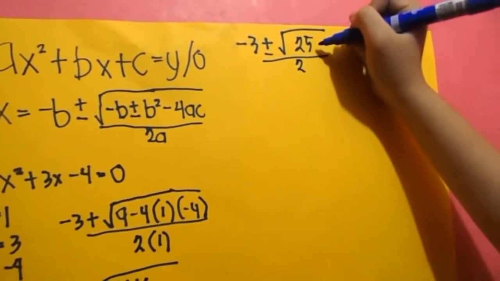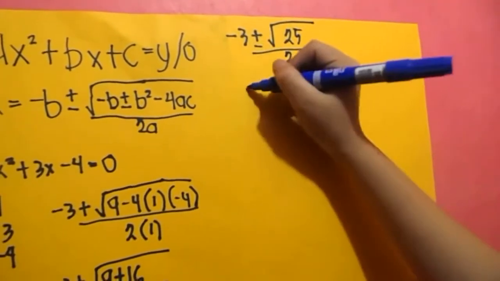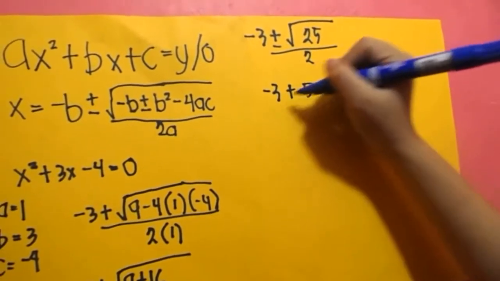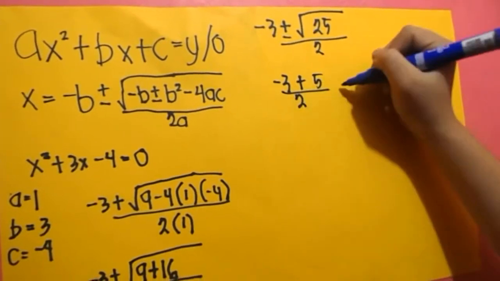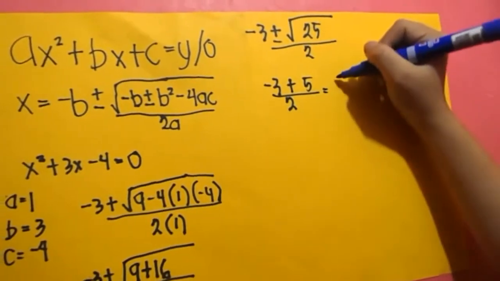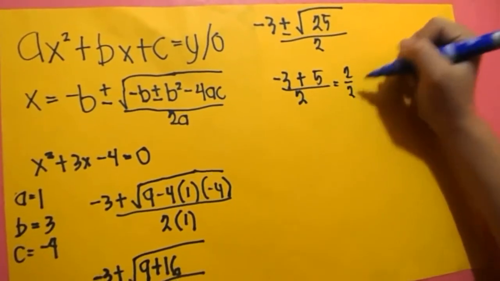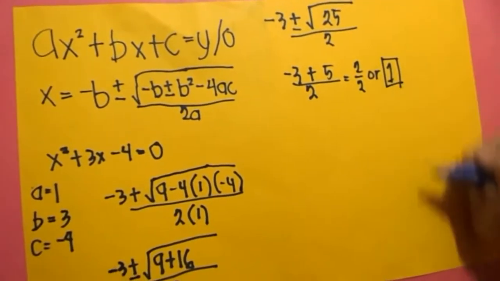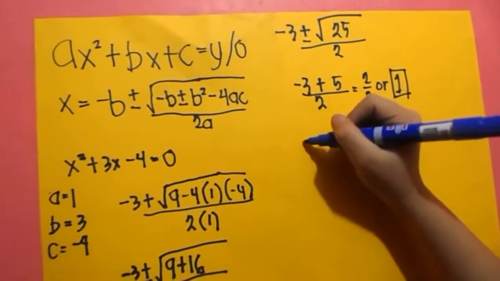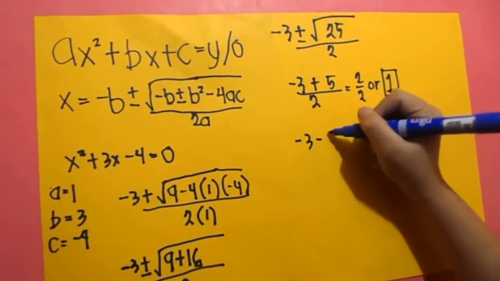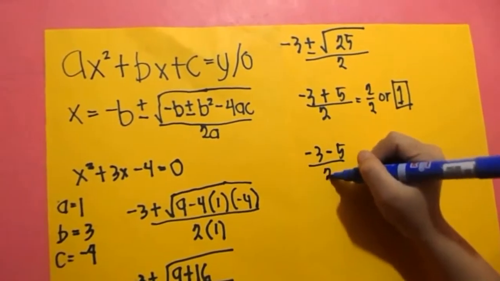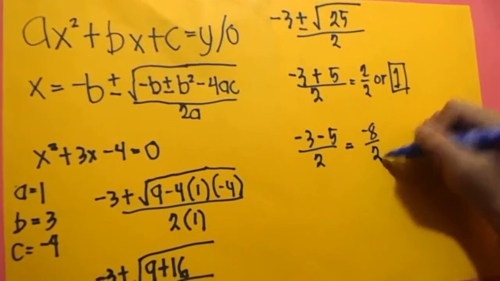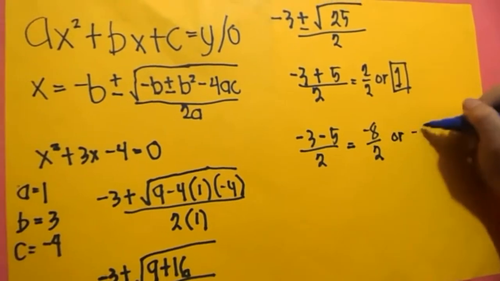The square root of 25 is 5. Negative 3 plus 5 over 2 is equal to 2 over 2, or 1. And now I'm solving for the negative: negative 3 minus 5 over 2 is equal to negative 8 over 2, or negative 4.